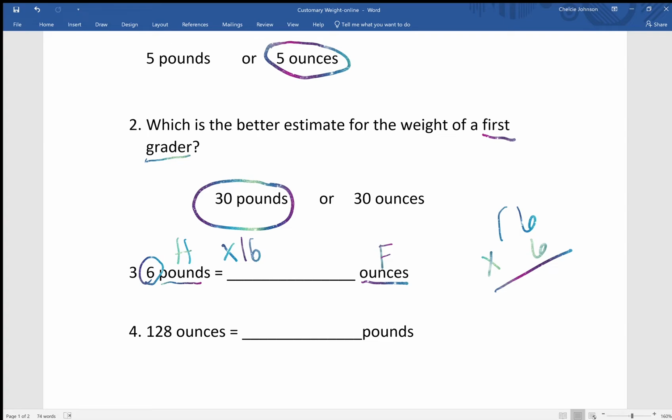Okay, 6 times 6, got it, 36, and regroup. 6 times 1, 6 plus 3 is 9. So I bet you guys all beat me in a short amount of time at 96 ounces.